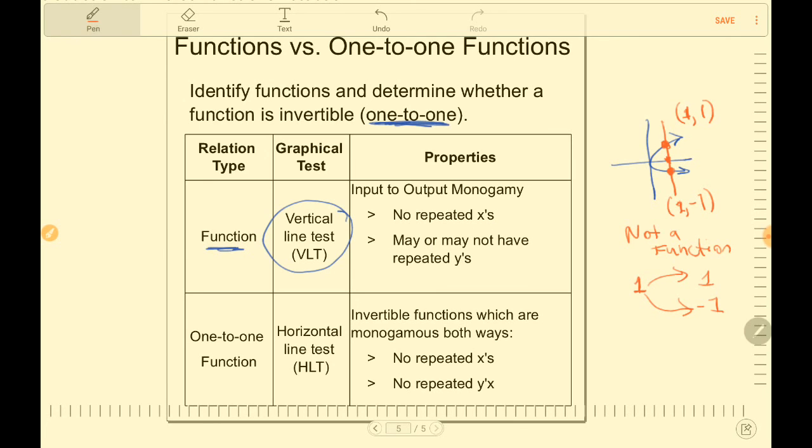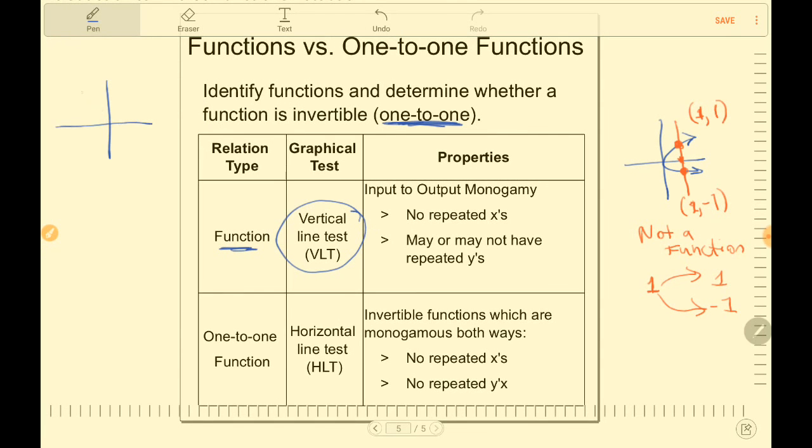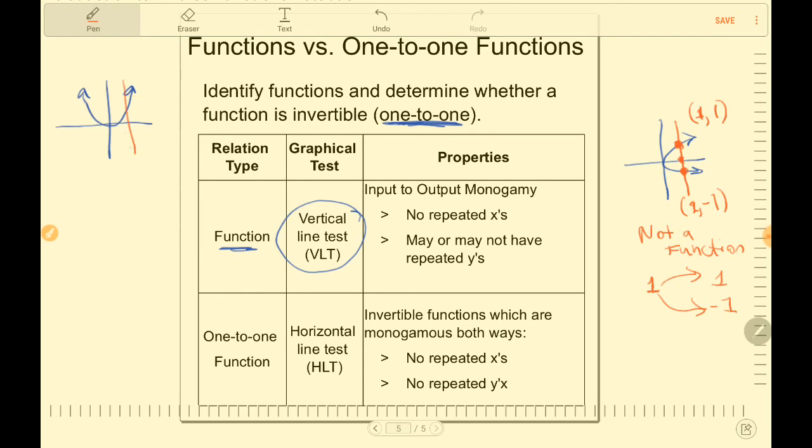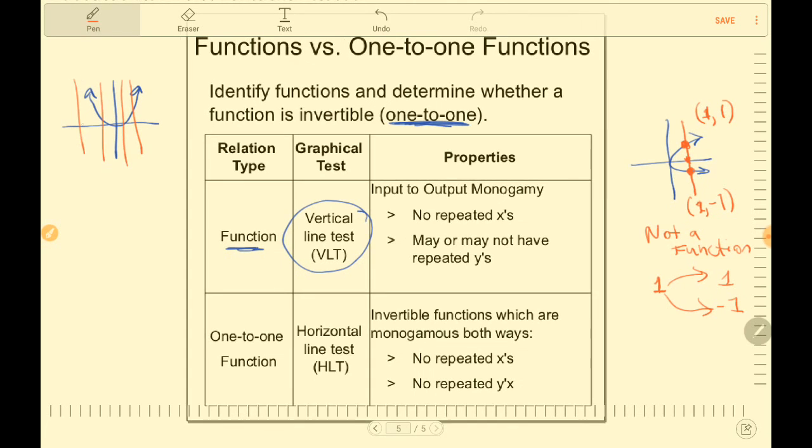So that could be an example like this one. So it is a function because no matter where I draw a vertical line, I'm only ever going to be intersecting the curve at one place. So each x value is only going to be assigned one vertical location.